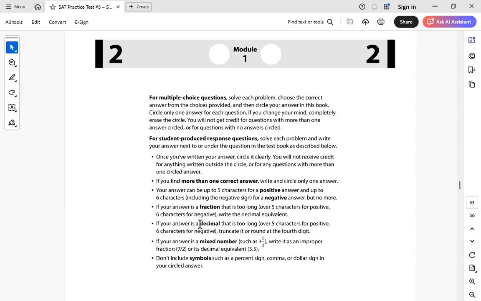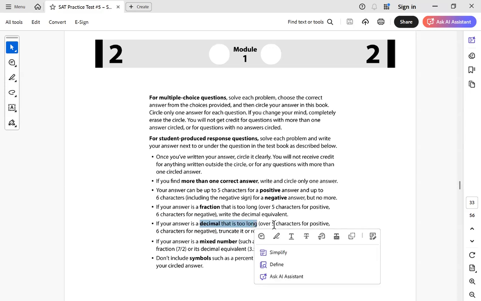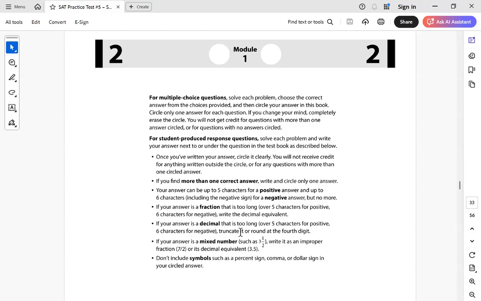If we did need to write it as a decimal, again, over 5 characters for positive, 6 characters for negative, truncate it or round it to the 4th digit. And for us, the 4th digit was a rounding of 0.3929. So that was the decimal version.